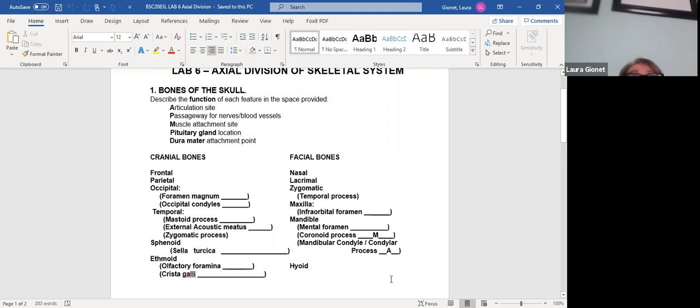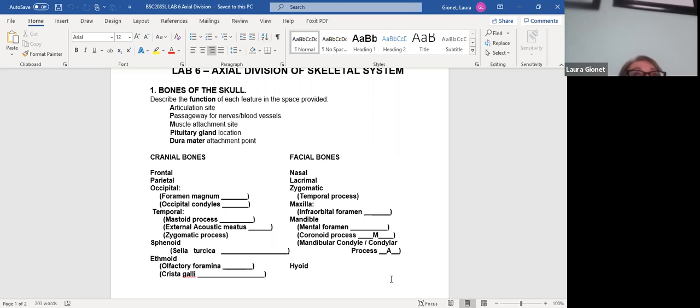And then farther posteriorly and superiorly, the hinge point of the mandible to the rest of the skull is called the mandibular condyle. Some books will refer to it as a condylar process. The process is actually, as I described in lecture, a little inferior to that, because processes are where something attaches, but they've now altered some of the terms that they frequently use for some of these structures.